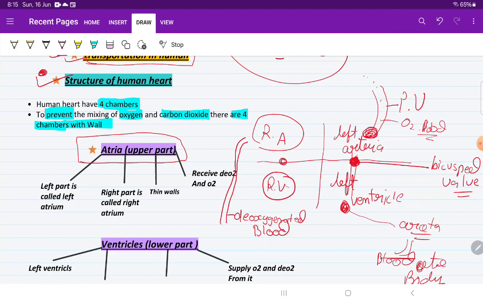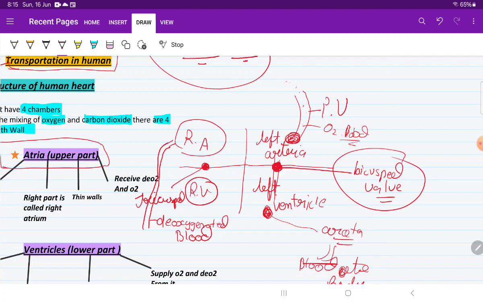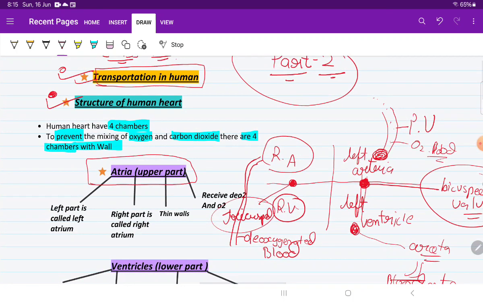Then there is a tricuspid valve. Over here there is a bicuspid, and over here there is a tricuspid. The tricuspid valve opens, and the deoxygenated blood transfers into the right ventricle.